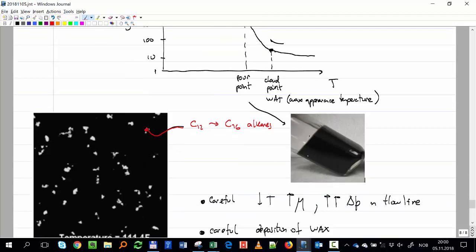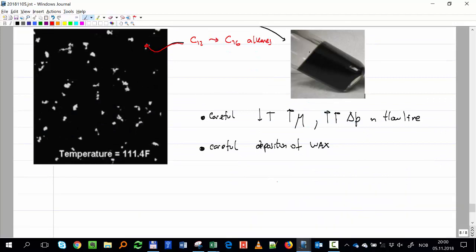So all of those particles will deposit on the wall. This will be wax.